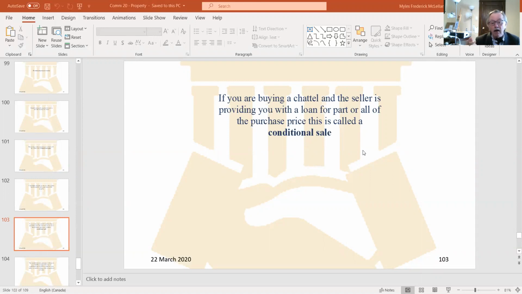That's their lending arm. They will allow you to buy the Ford Escort with whatever amount of money you provide in cash, and then they will give you a chattel mortgage, which is called a conditional sale agreement, with that Ford Escort for the balance. So for instance, if you're buying it for $30,000 and you have $2,000 in cash, they may well give you a chattel mortgage for $28,000.